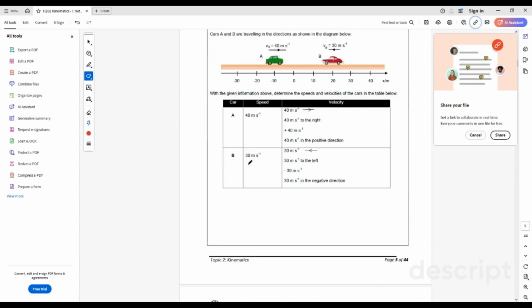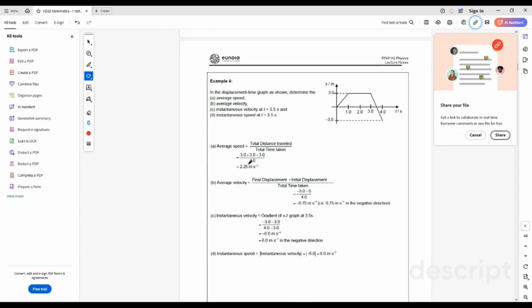So let's go through the next example, example 4. To determine the average speed, what we're going to do is to calculate the total time first, which is 4.0 seconds, and then the total distance traveled. So we can see here that it went 3.0 meters, and then it traveled 3.0 meters in the other direction.